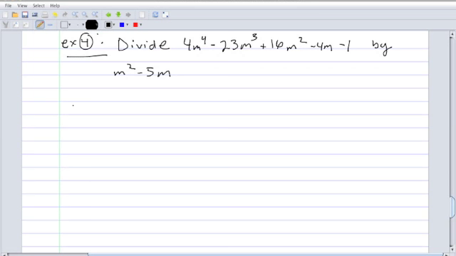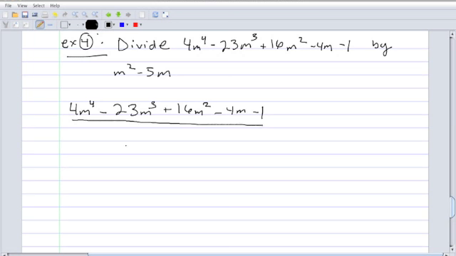So what we're working with again, what it says, you have this 4m to the 4 minus 23m cubed plus 16m squared minus 4m minus 1. We're saying this divided by m squared minus 5m. Okay.